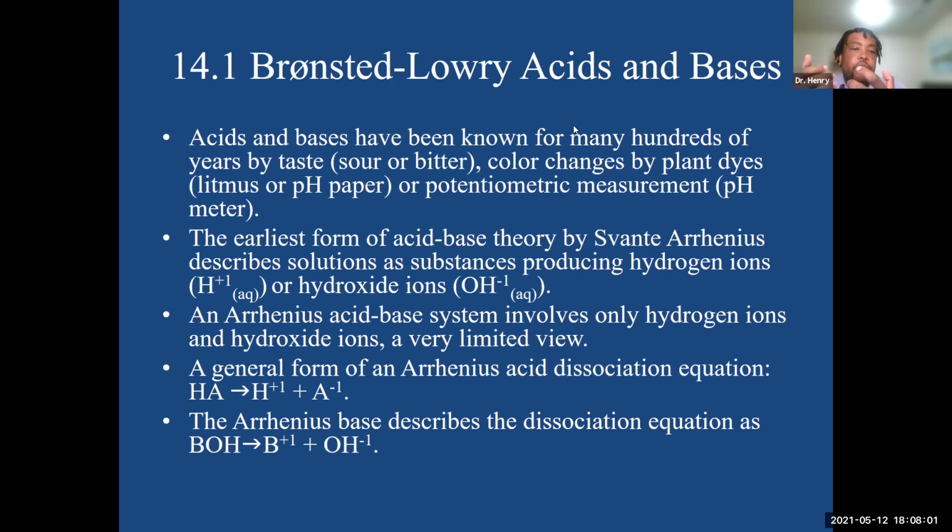We can determine the pH of an acid, and the way we've been able to do that is by litmus paper or pH paper. Those papers have dyes, many of which come from plants, and we get color changes as a result. You guys have been doing that in the lab since the very beginning, right?